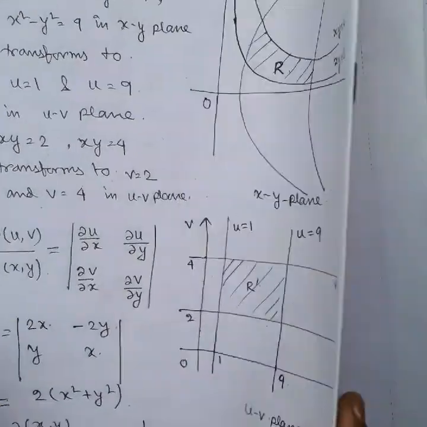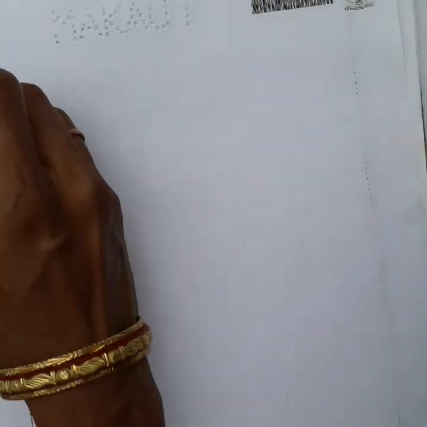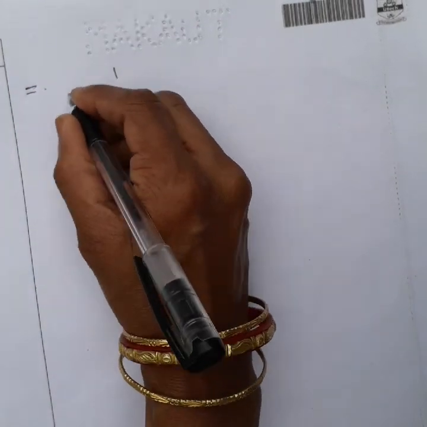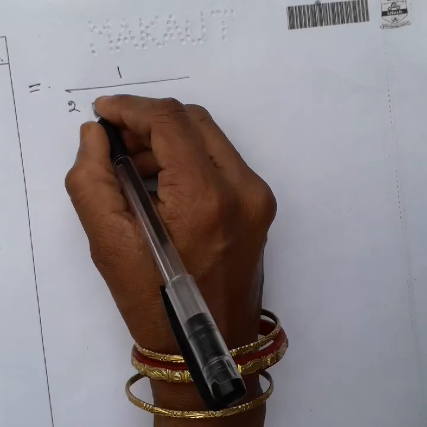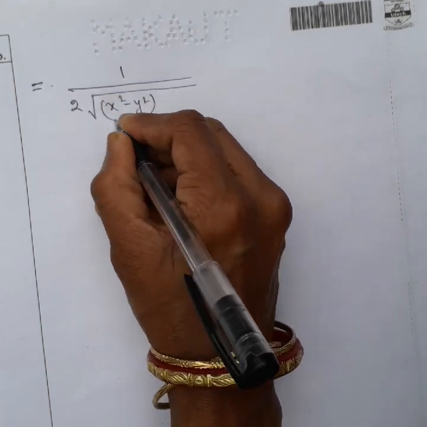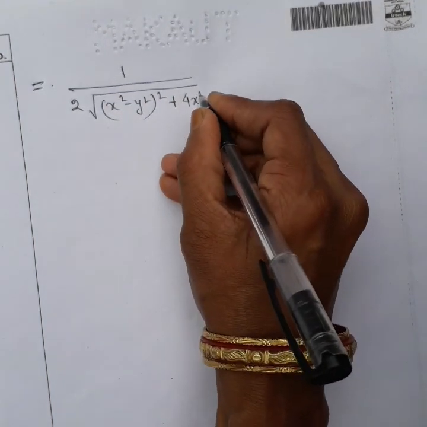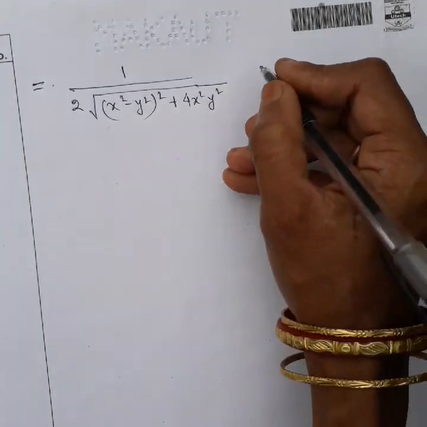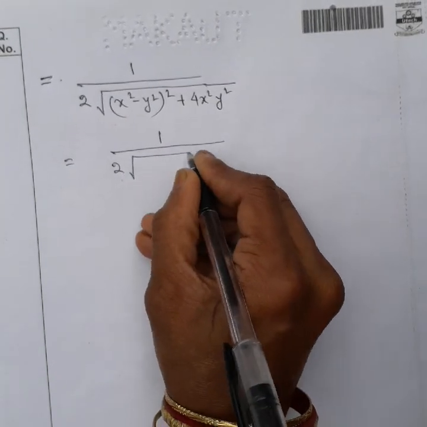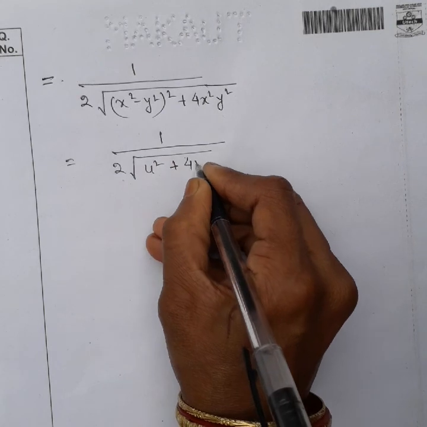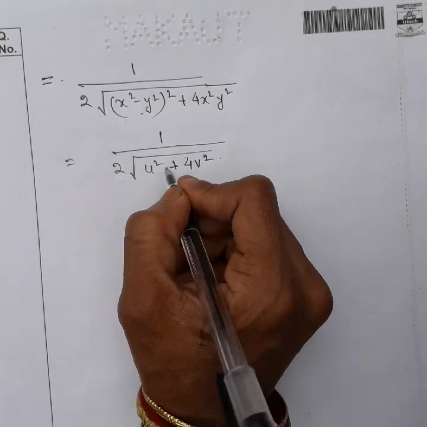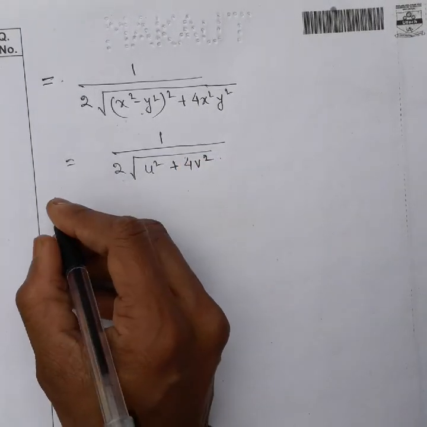This can be written as 1 by 2 into root over of x square minus y square whole square plus 4x square y square, which equals 1 by 2 into root over of u square plus 4v square, as x square minus y square equals u and xy equals v.